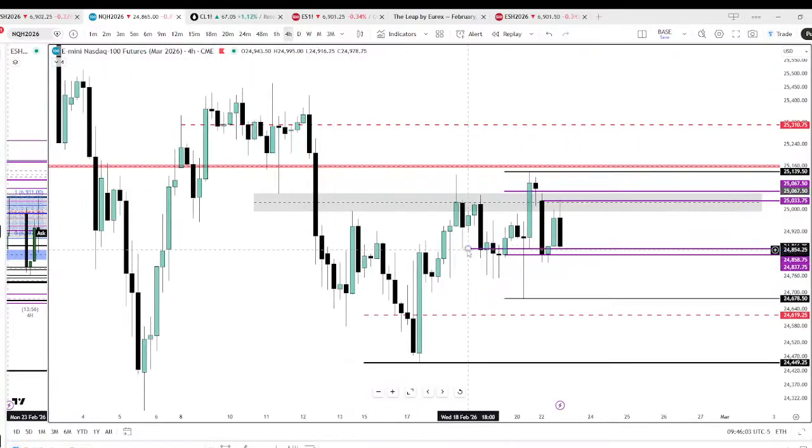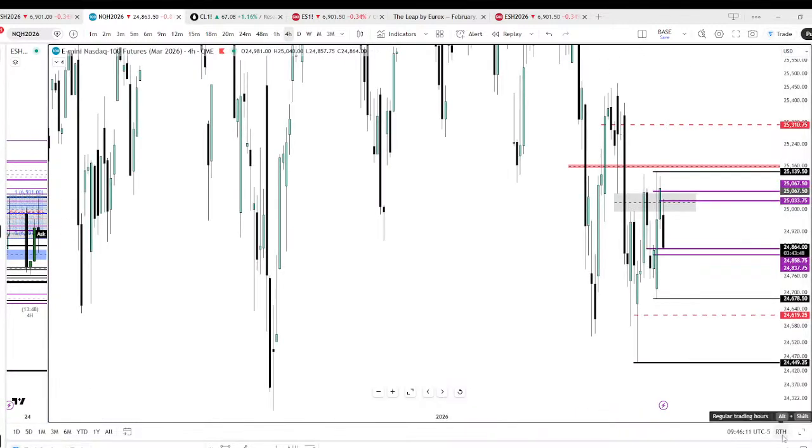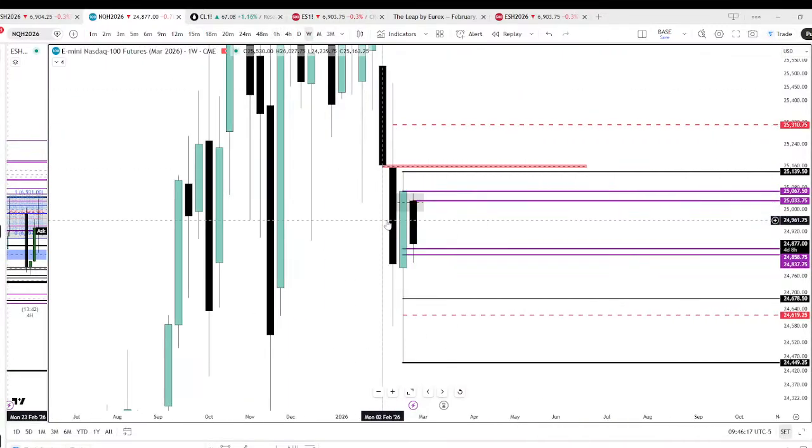Which gives us reason to see consolidation sort of happening at the start of the week. Not look nearly as clean on the 4 hour. Let's see if we can polish that up.